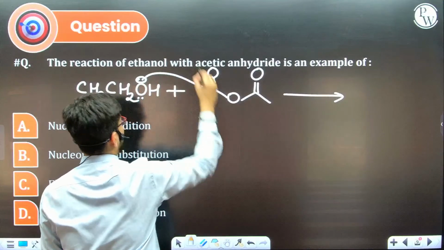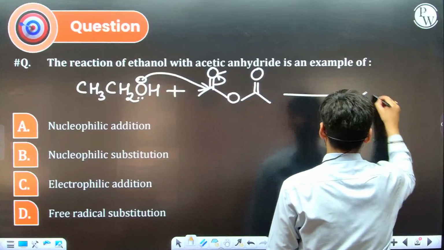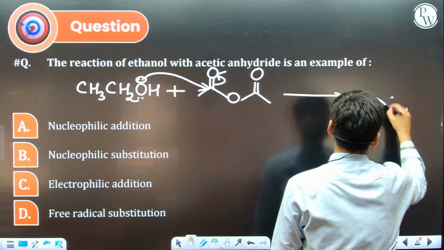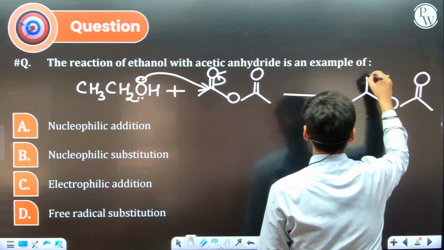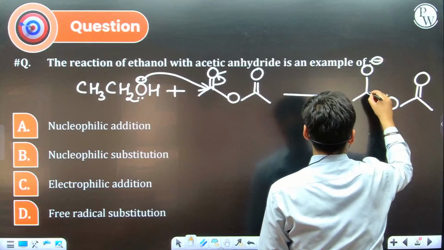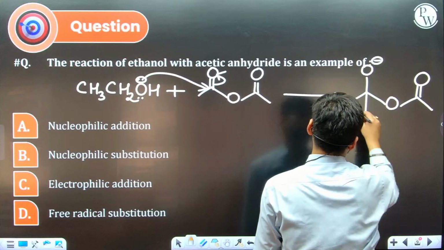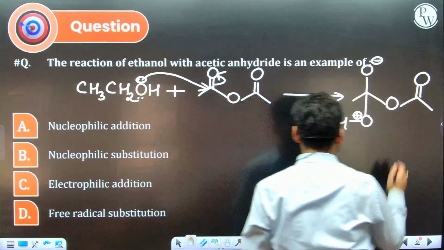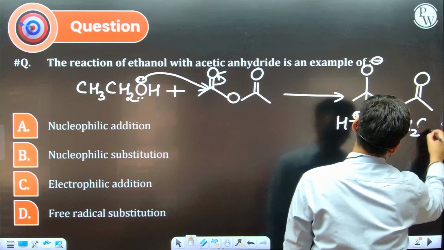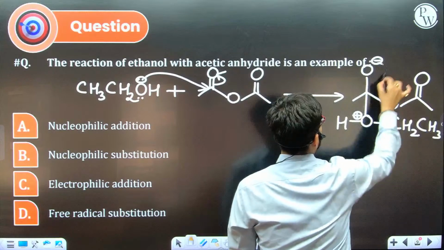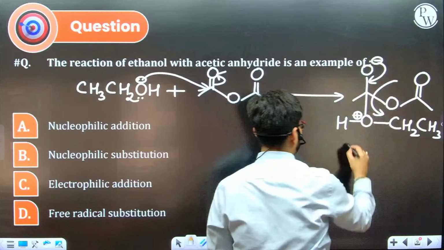This will attack this carbon, and in that process we will get this. O will acquire a negative charge, and here O H plus charge will appear on O because O has given its lone pair, and then CH2CH3. Immediately this will come back and a pi bond will be formed, and this will act as a leaving group.